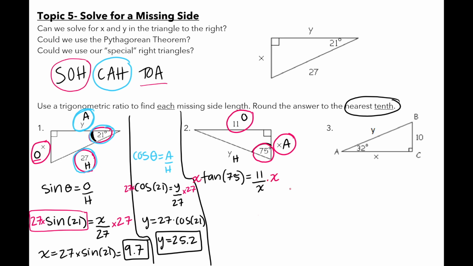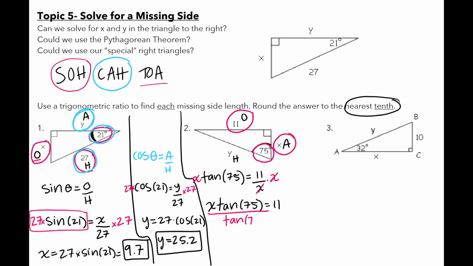That will cancel out the x on the right side and make it show up on the left side. So I now have x times tangent of 75 equals 11.